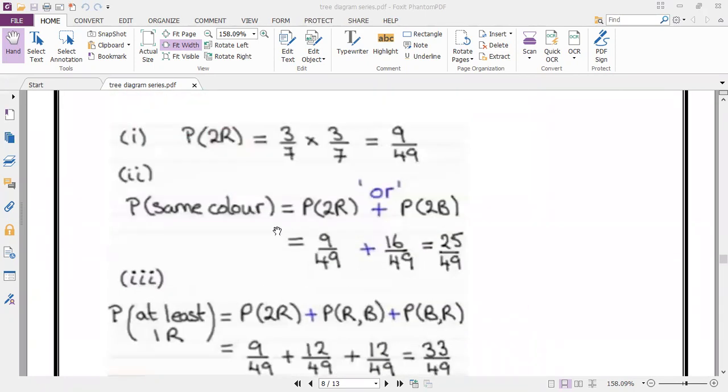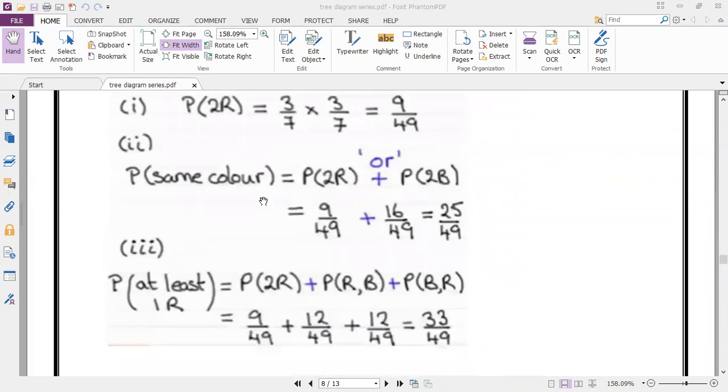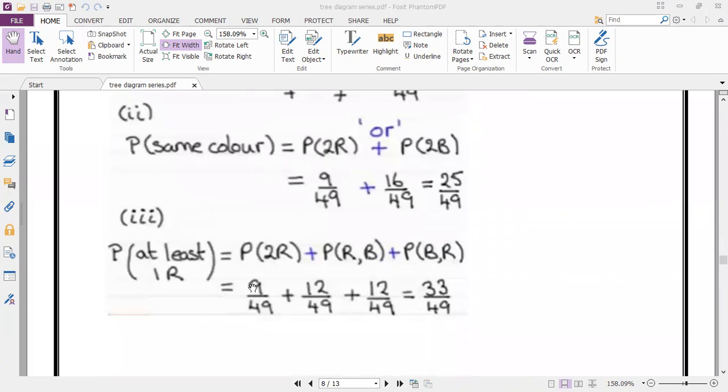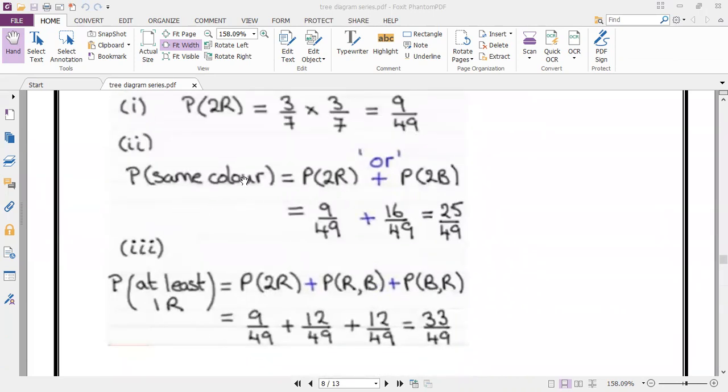Okay. Abdullah, are they dependent or independent? Independent. Okay. The probability of getting the same color is the probability of getting two red plus the probability of getting two blue, as you see here.